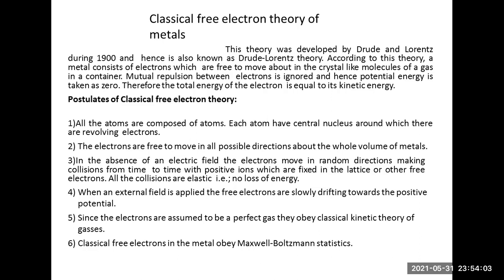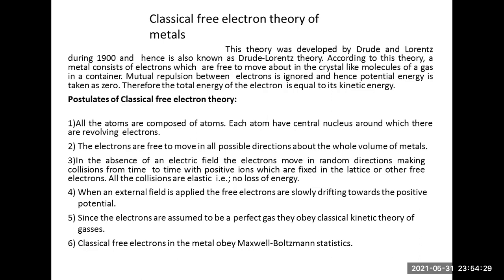When you say that the electrons are freely moving, we resemble the electrons with the molecules of a gas, in which you already know that in the gas state the molecules move freely. So the molecules of the gas have been compared with the electrons, and the electrons are assumed to be moving freely in all the possible directions.